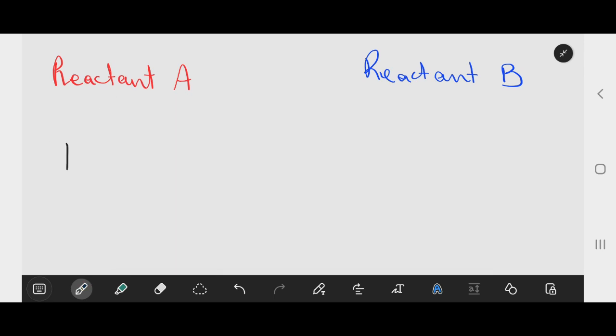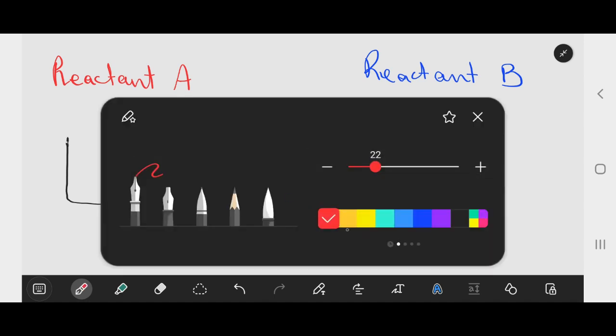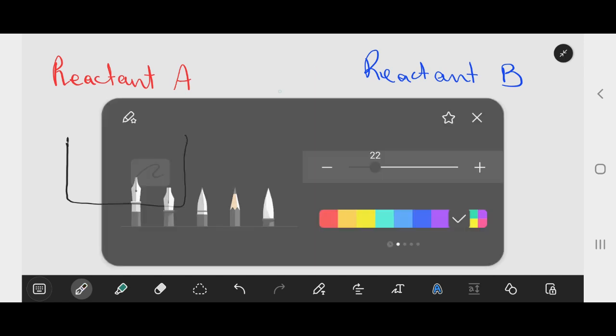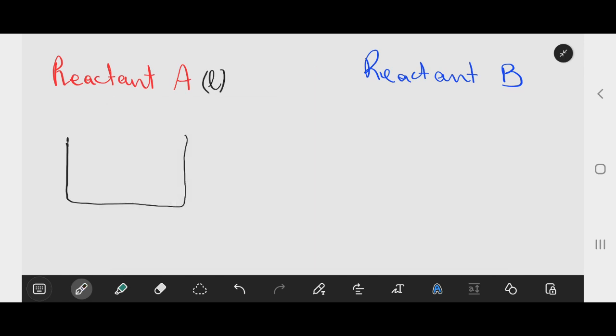So let's say we have a container, and assuming that reactant A is a liquid and reactant B is also a liquid, right?